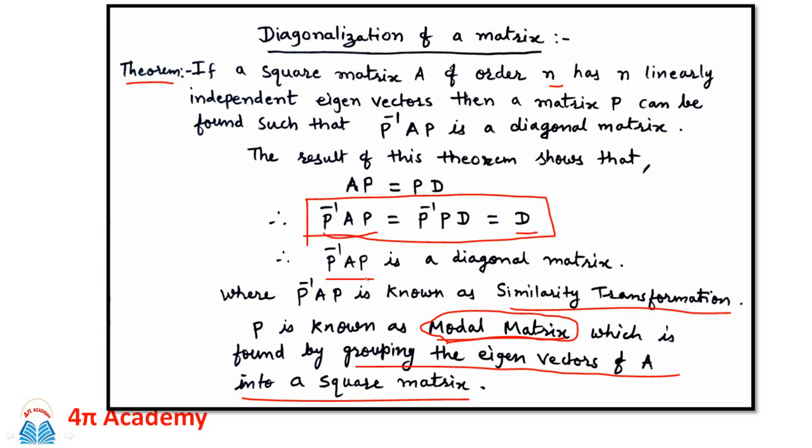So you need to find the modal matrix first, then find the inverse of that modal matrix, and then P inverse into AP will be your diagonal matrix.